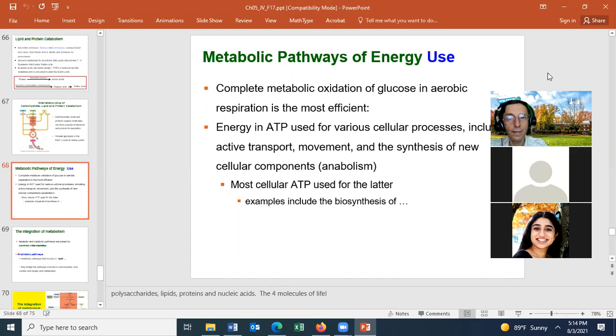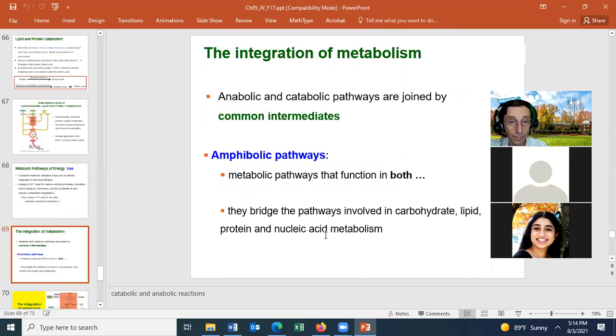I've already mentioned that the oxidation of glucose in aerobic respiration is the most efficient. This is the most efficient way an organism can metabolize nutrients and make ATP. The ATP can then be used for various cellular processes, like the biosynthesis of molecules.